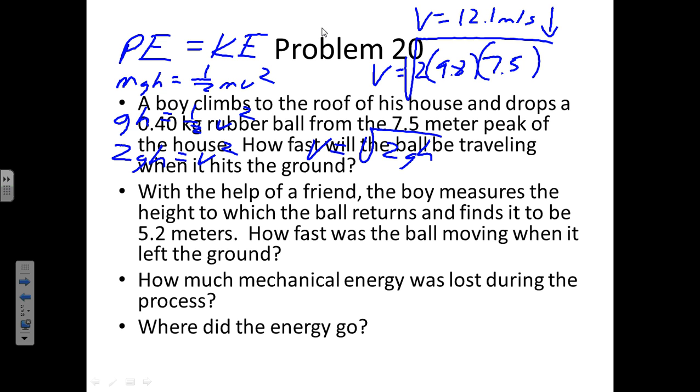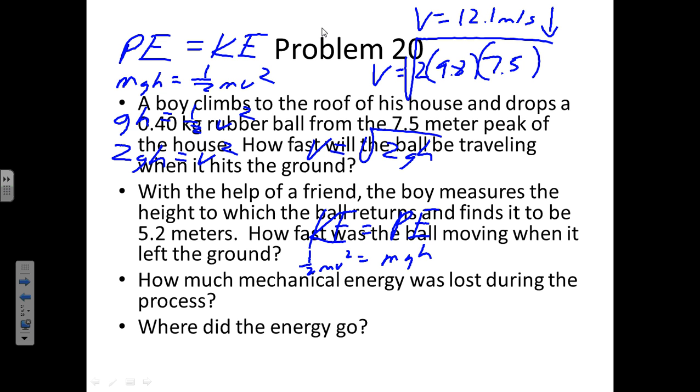So when it left the ground, what did you have? You had kinetic. And as you move up, you're getting more and more potential, right? So this is where you're going to say kinetic energy to begin with equals potential energy to end with. Or you could use what? Kinematic equation. Either way works. I'm going to do it this way though, since all the problems are energy. So again, 1/2 mv squared equals mgh.